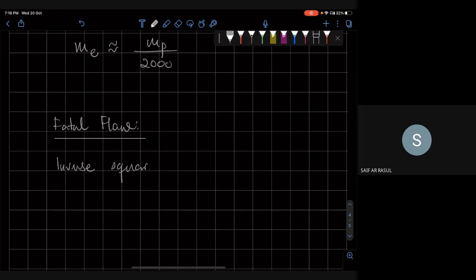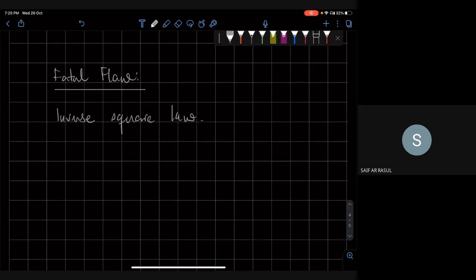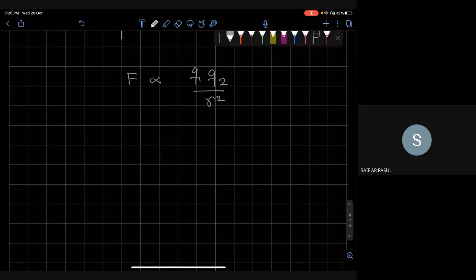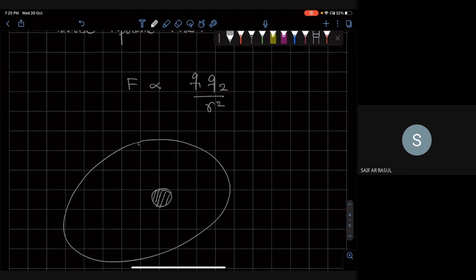Because we know from Newtonian gravitational physics that if the force between two objects is proportional to the inverse square of their distance, then if one of them is very heavy, they form stable orbits, right? If this was the only law, right? So this is known as Kepler's law.